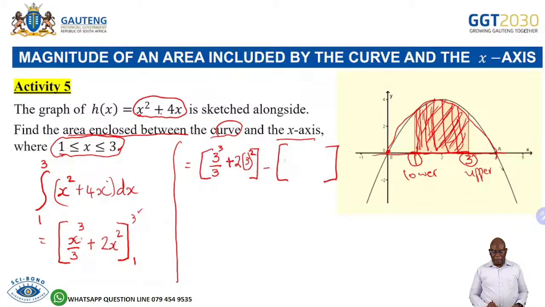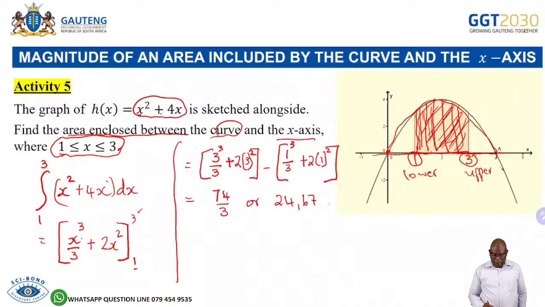On the other side, I'm going to substitute by 1: 1 cubed over 3 plus 2 times 1 squared. From here you can quickly use your calculator. So 3 cubed is 27 over 3, it's 9, and then we're adding that. From there we subtract that other value.